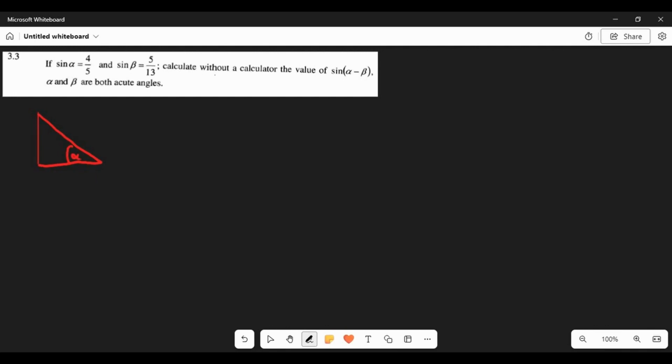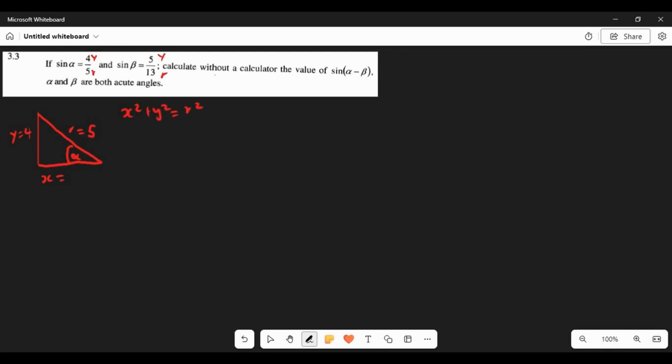So we can say, since we know that sine is y over radius or r, for this one with alpha, we know that our y is going to be 4. So we can say y is equal to 4, and our radius here is going to be 5. Right, so it's time for us to find x. So how are we going to find x? We're going to use Pythagoras theorem, or theorem of Pythagoras.